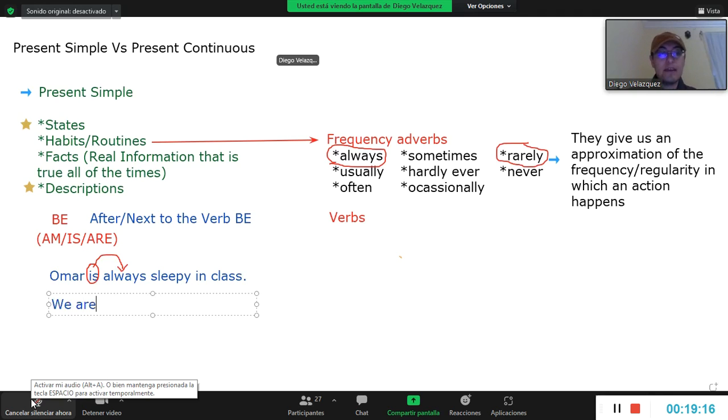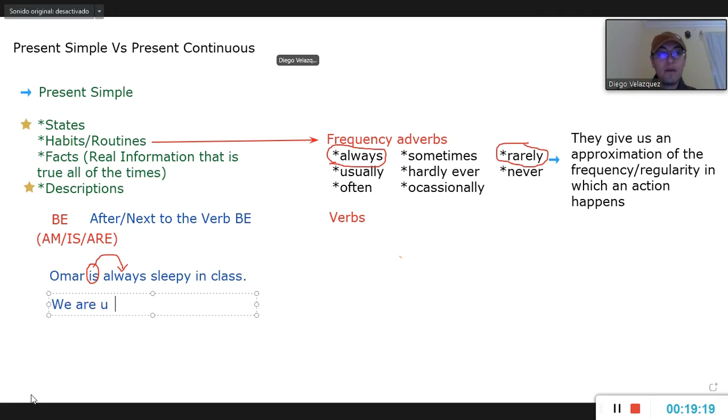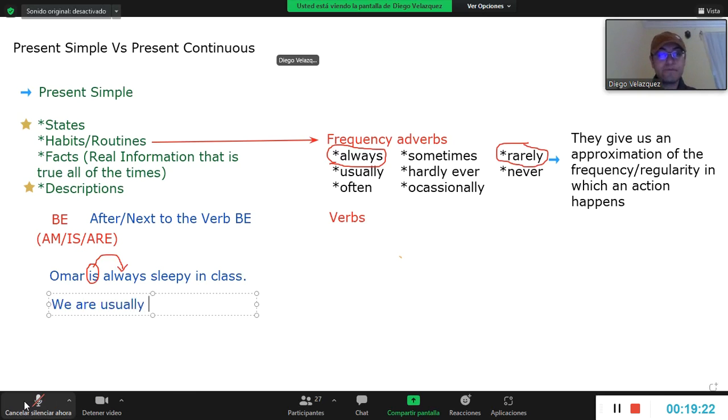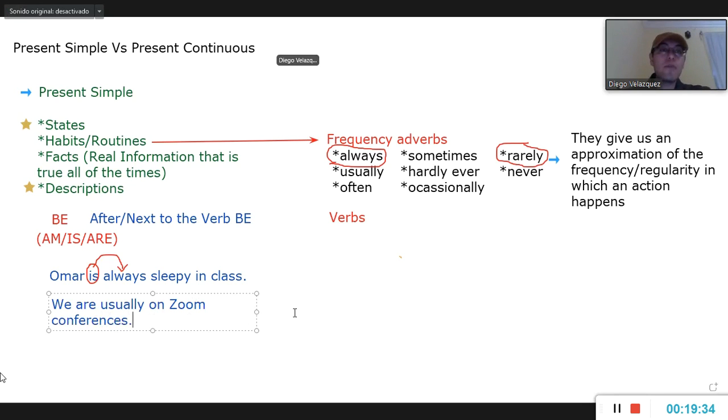The same happens in another sentence. We are usually on Zoom conferences. Another example, but the principle is practically the same, in which the frequency adverbs go next to the verb to be, okay, my friends? And remember that this is common in affirmatives, negatives, or also in questions, okay, my friends?